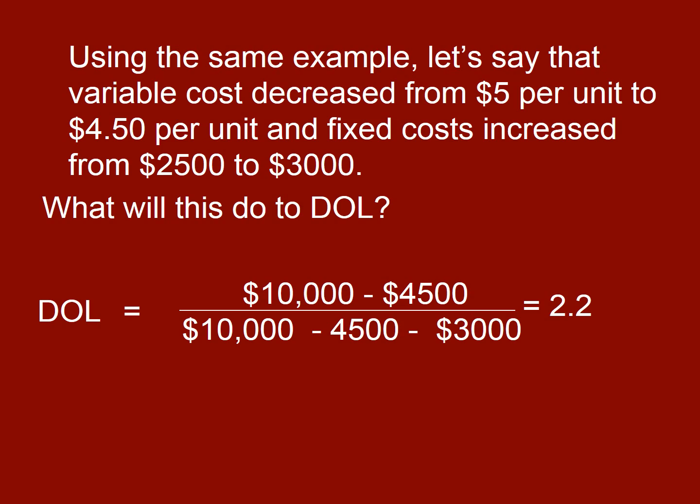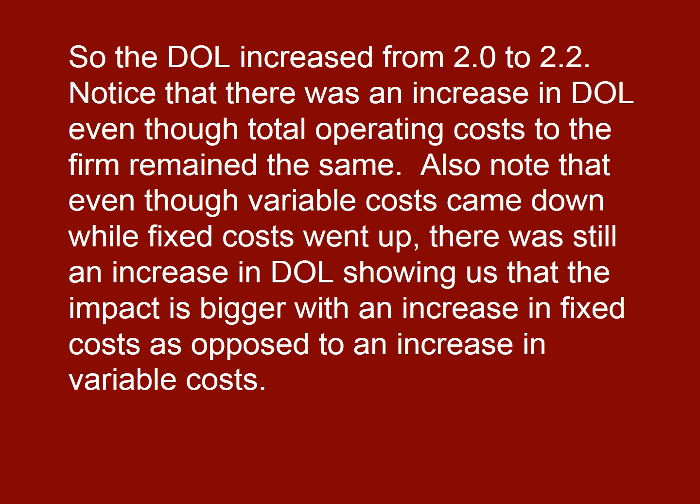So now for every 1% change in sales, we would expect a 2.2% change in EBIT. And again, I just like to summarize things in slides, and there I was just talking about how it's more sensitive to an increase in fixed cost, and so you see the DOL increasing from 2 to 2.2.